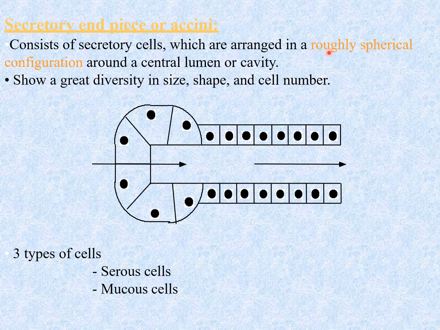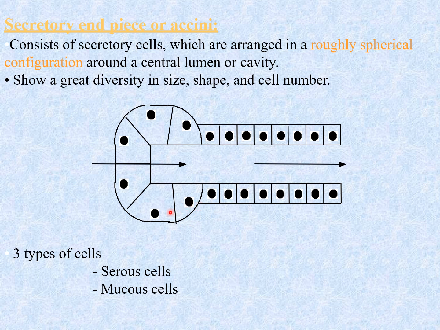These cells are arranged in a roughly spherical configuration around a central lumen. Secretory ends or acini show great diversity in size, shape, and cell number. This is a rough structure of a secretory end or acinus. There is a lumen. Around the lumen, the secretory cells are arranged, roughly spherical in configuration.